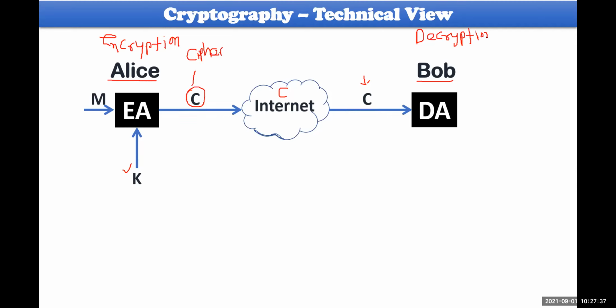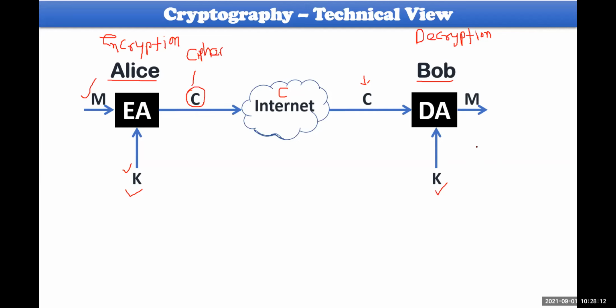Whatever operation you did in encryption, the opposite operation is called decryption. Decryption also requires one more value, that is the key. Just like encryption requires message and key, decryption requires as inputs the ciphertext and the key. Whatever key has been used by Alice, the same key is used.